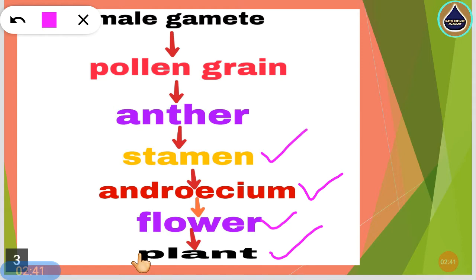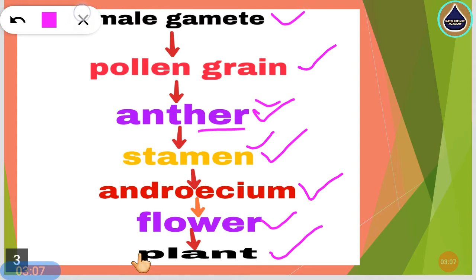The stamen possesses three parts. The uppermost part of the stamen is called the anther, then the filament, and the connective is also there. In the anther there is the pollen grain, and in the pollen grain the formation of the male gamete takes place.